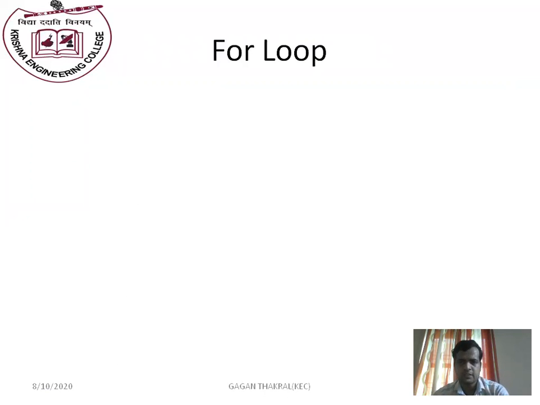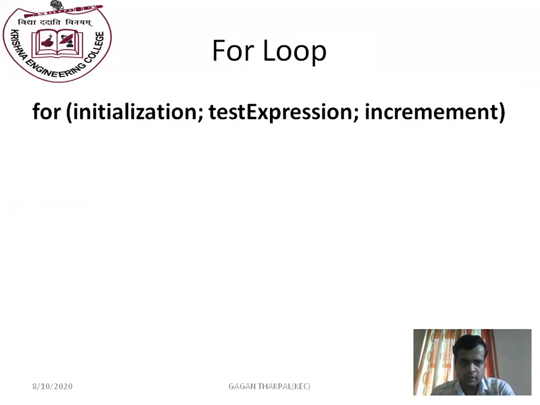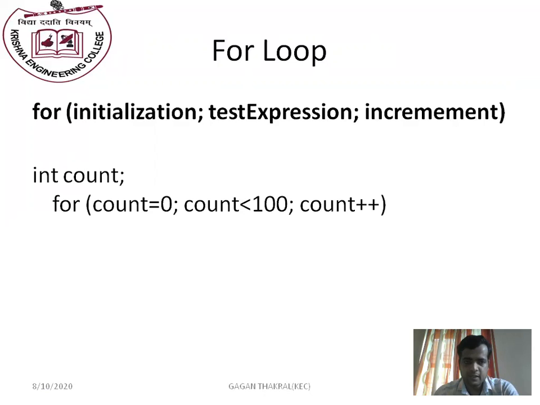Now we will discuss the for loop. In a for loop, we have to pass three arguments. First is initialization, second is the test expression, and third is the increment. For example, we write an integer variable: for int count equals 0, count less than 100, count plus plus.